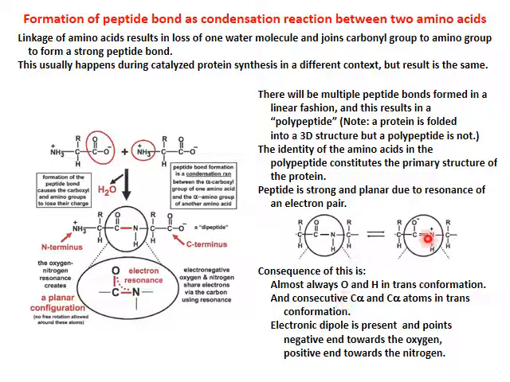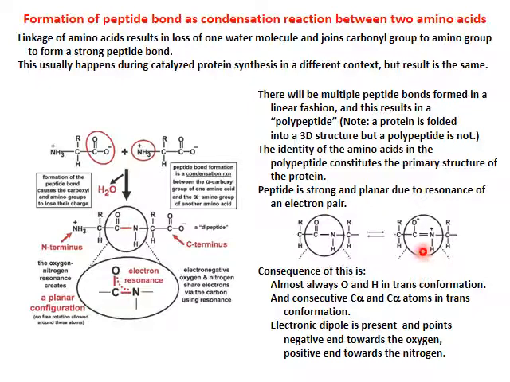Also notice you have a charge delta minus on the oxygen and a delta plus on the nitrogen as well as part of this resonance structure. They're electrically neutral at this point, but there are partial charges associated with that.